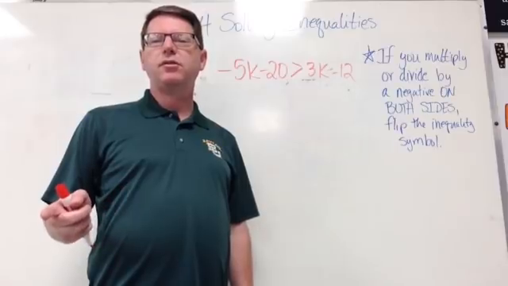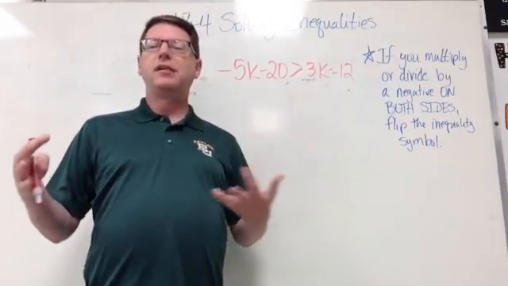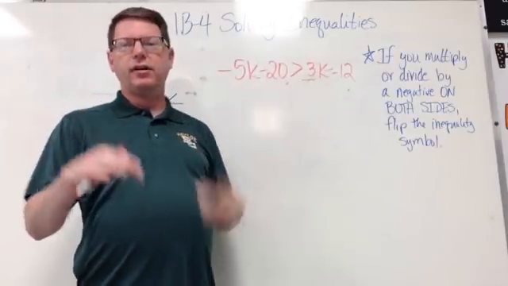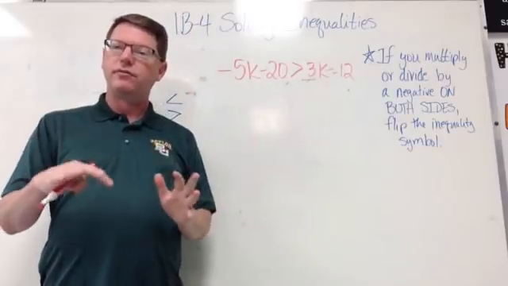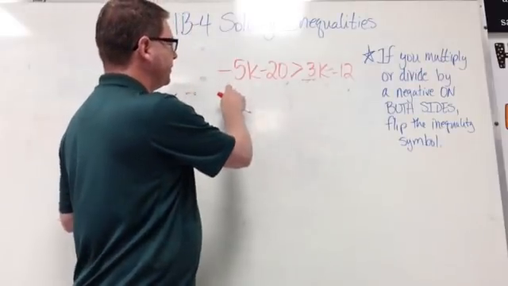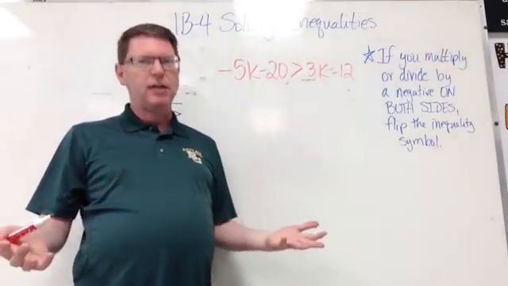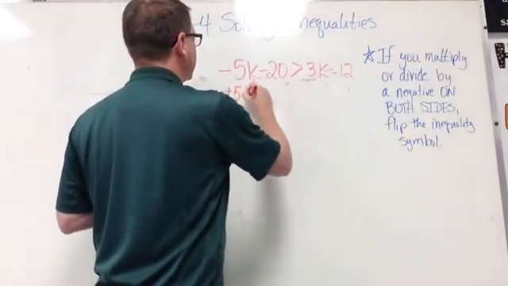So the next example I want to do for you has variables on both sides. Just like when we're solving equations with variables on both sides, I want to start with the variable with the smallest coefficient. So I've got a coefficient of -5k and a coefficient of 3k. The smallest one is -5, so I'm going to do the opposite of that, which is add 5k to both sides.